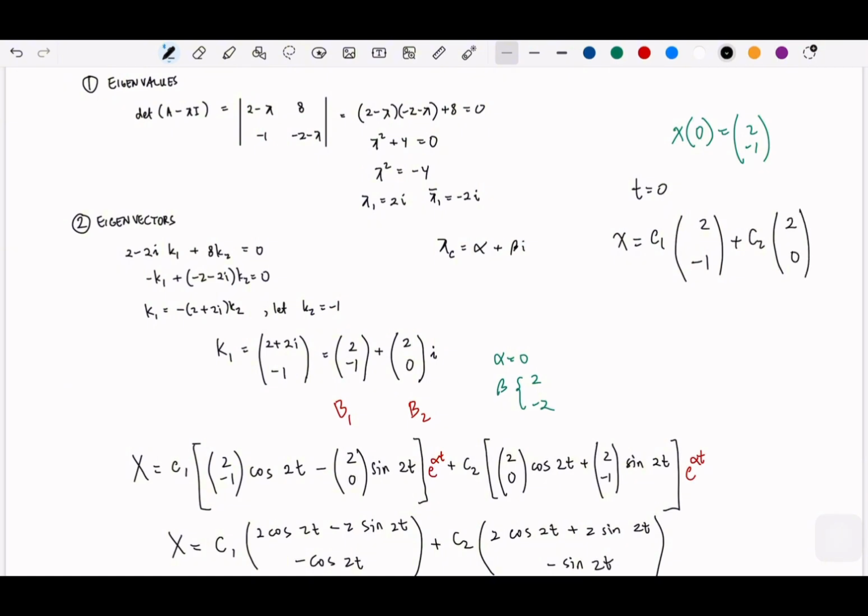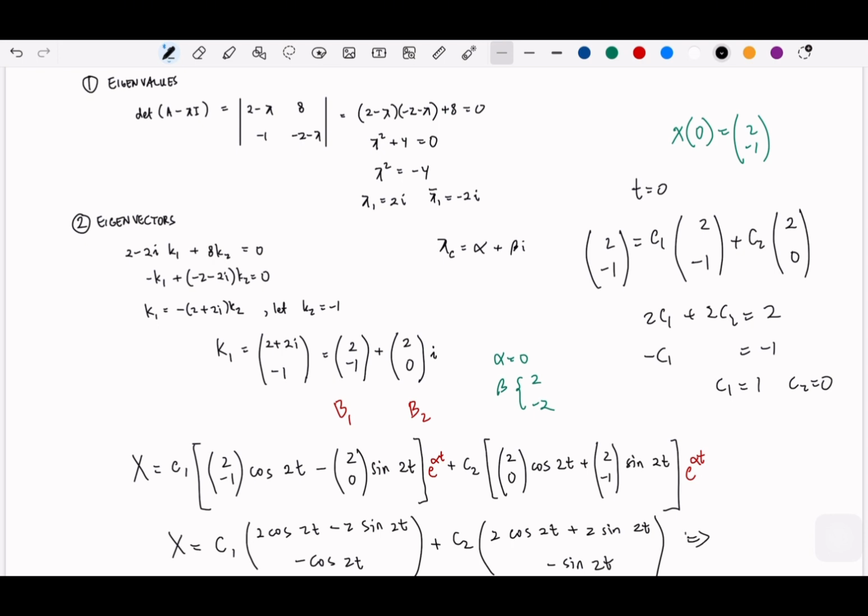Okay, and let me just write here the x0, this will be 2, -1, and we can get 2c1 plus 2c2 equal 2, negative c1 equal -1, so c1 is 1. And c2 is 0. And you can just put everything back, which means the second part will be gone.